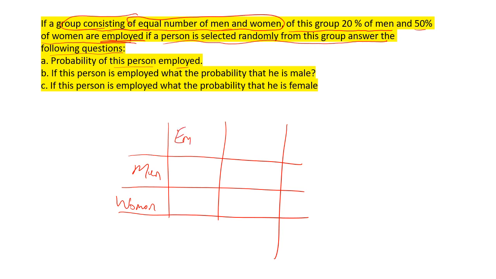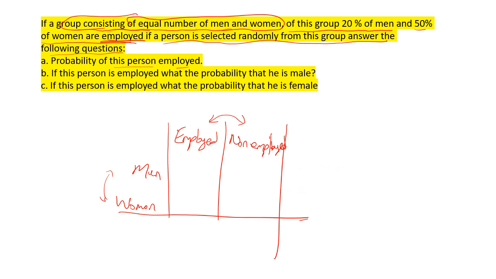So there will be employed and non-employed people. Okay, one warning is these things should be exhaustive. It means all the population should be either man or woman, and employed or non-employed. If there's another option here and nothing is given, this table might not work. Okay, this is a warning. You will see it in the coming question anyway.